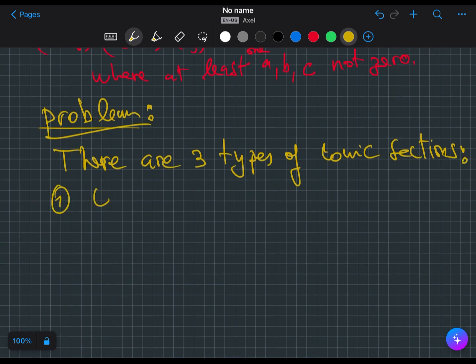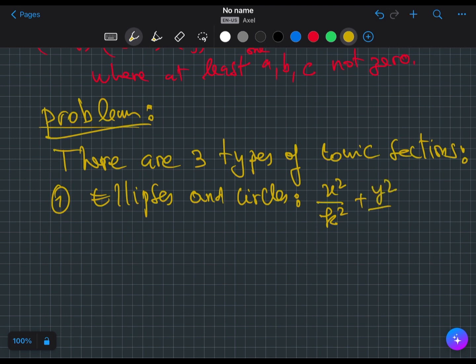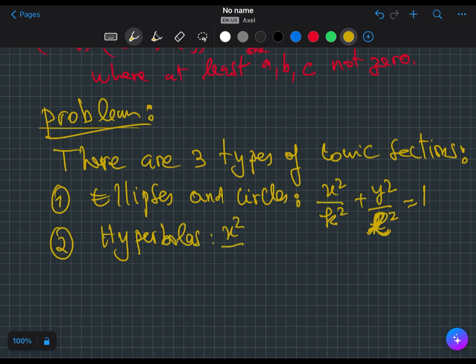The first are the ellipses and circles, with equation x squared over k squared plus y squared over l squared equals 1. Second, we have the hyperbolas, which are x squared over k squared minus y squared over l squared equals 1.